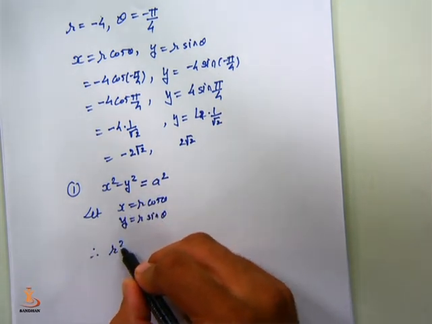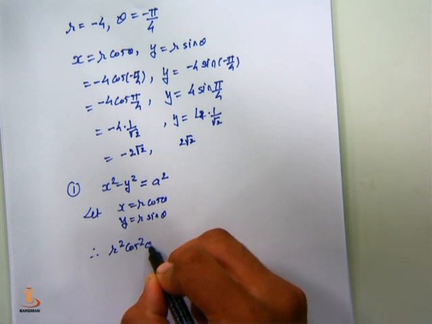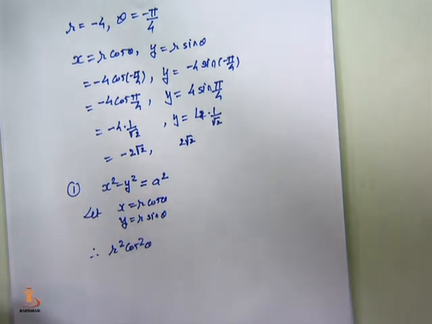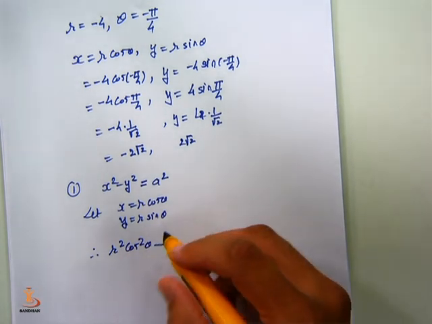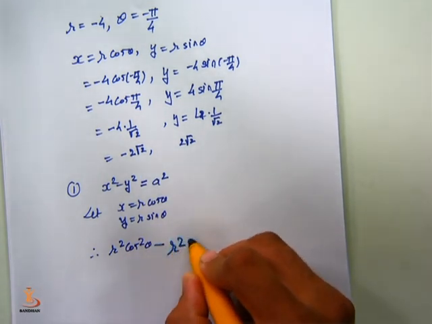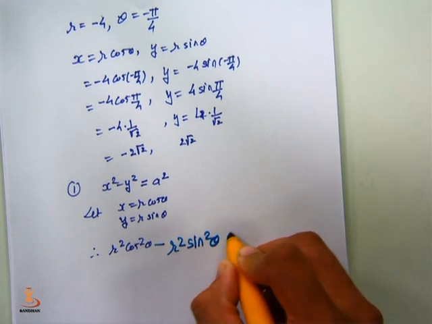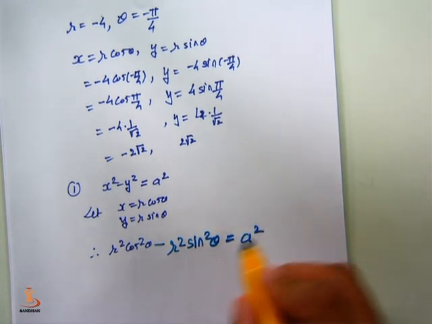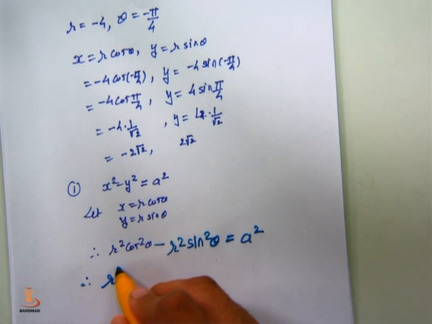We'll have r square cos square theta minus r square sin square theta equals a square. So definitely r square can be taken as common.